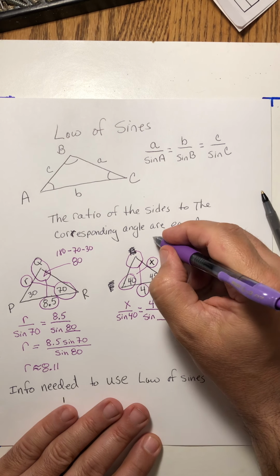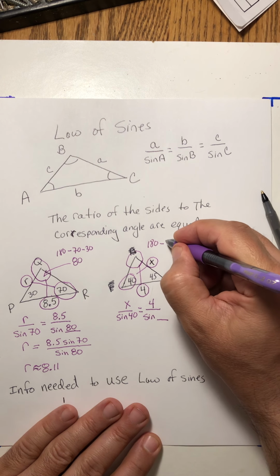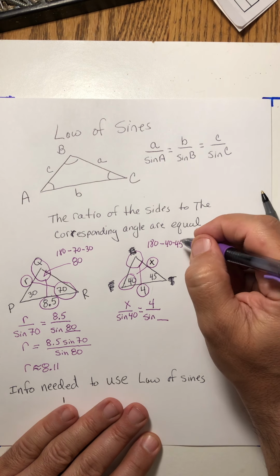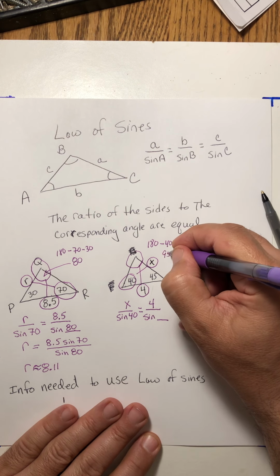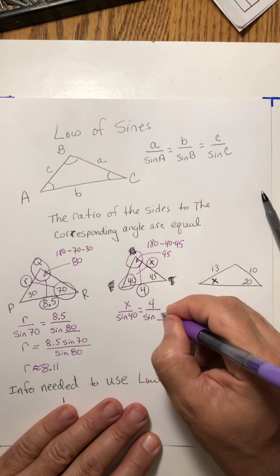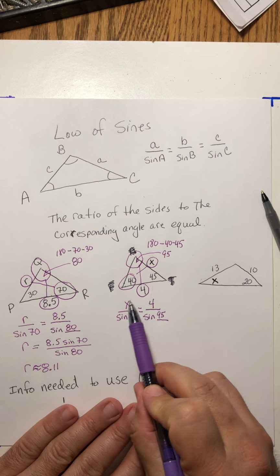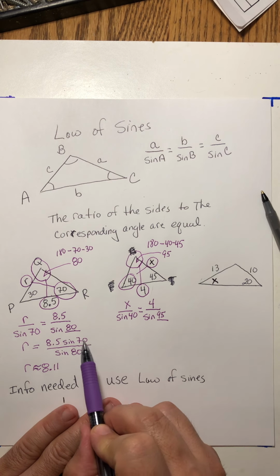Well, again, 180 minus 40 minus 45. Type that into your handy-dandy calculator. We have 95. So that angle is 95. Okay? So at this point, you don't need to write all this out.